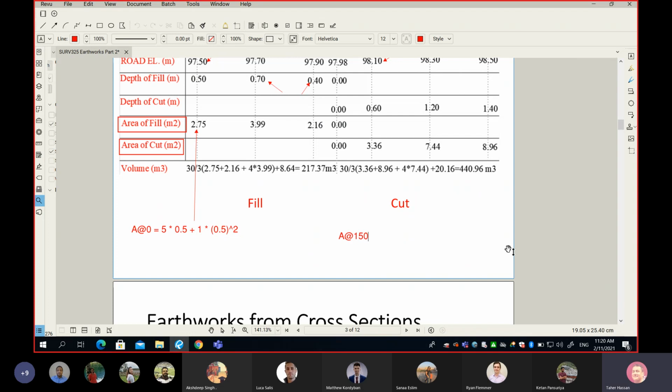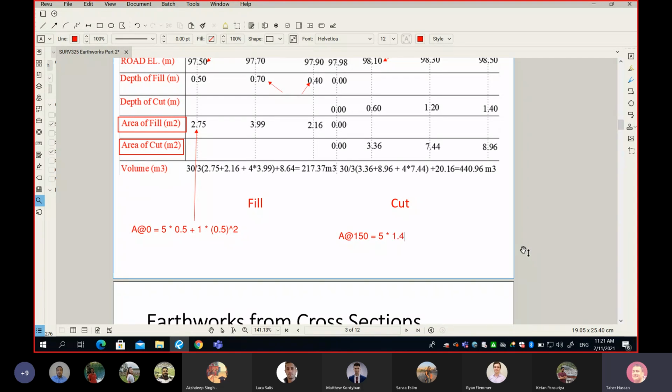We have the same road width, so it's 5 multiplied by the depth. How much is the depth of cut at station 150, which is the end of the road? 1.4, correct.